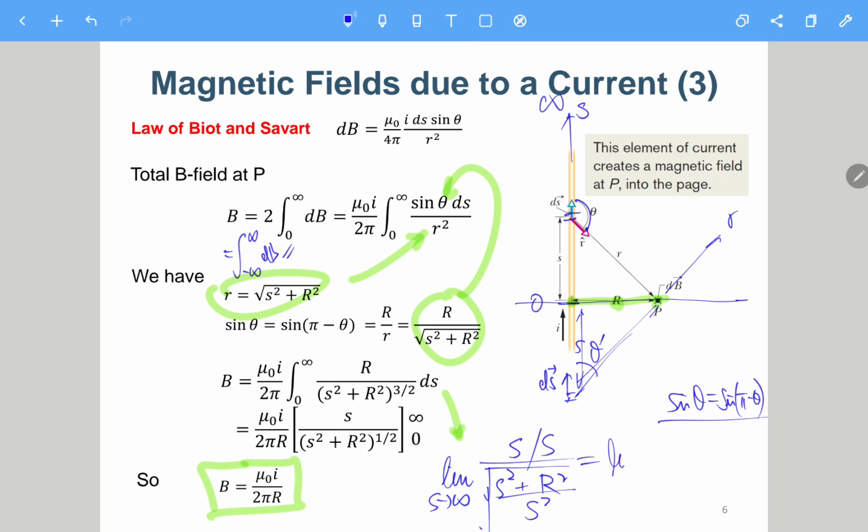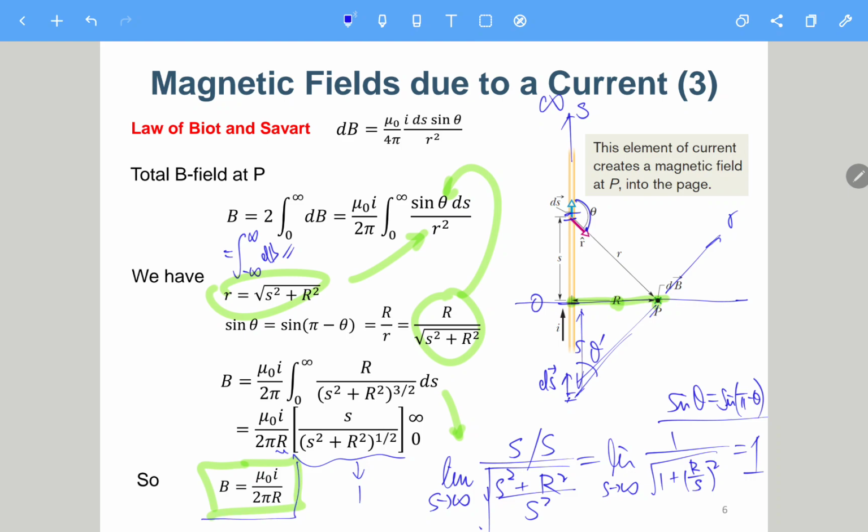So it becomes limit s tends to infinity, 1 over square root of 1 plus r over s squared. Okay, s tends to infinity, this term becomes 0, so it turns out to be a 1. So finally we get this mu 0I over 2 pi r.